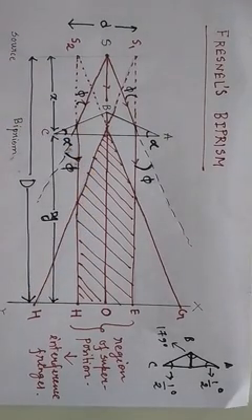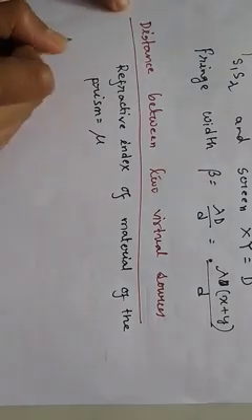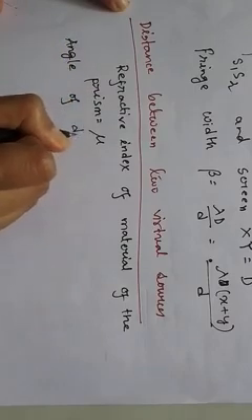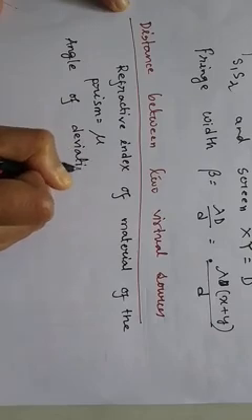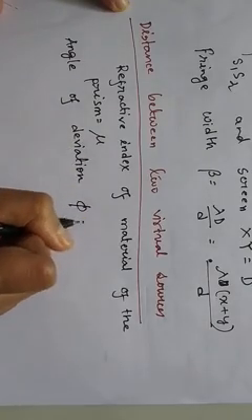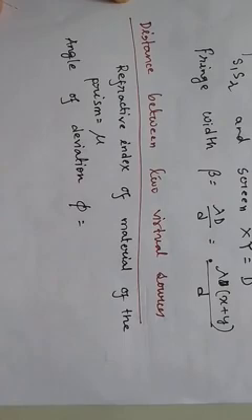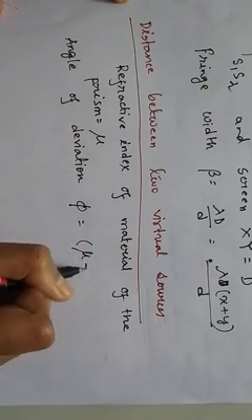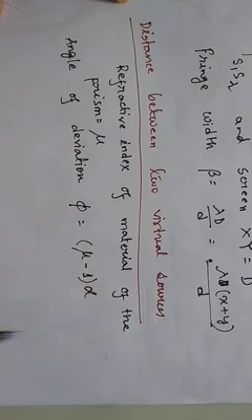Now, if the refractive index of the material of the prism is mu, then by properties of prism, there is a relation between the angle of deviation, the refractive index and the refracting angle alpha, which is phi equals mu minus 1 into alpha.